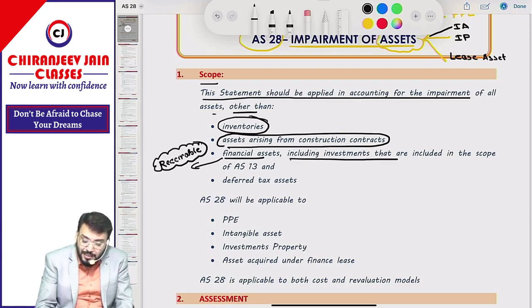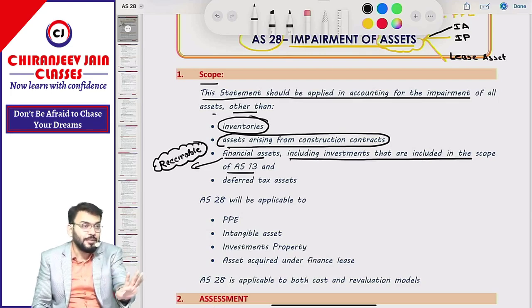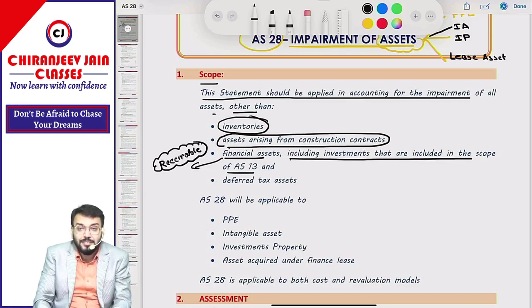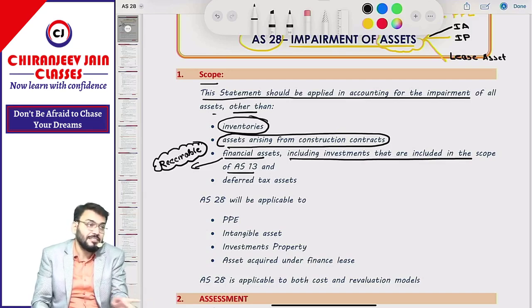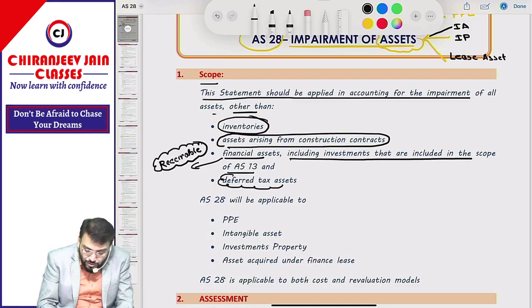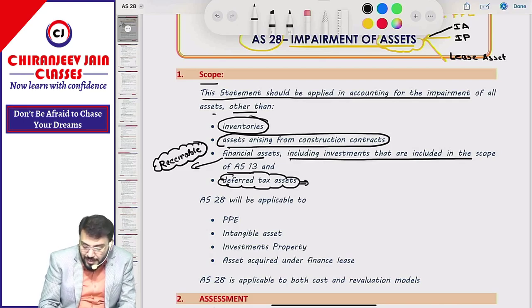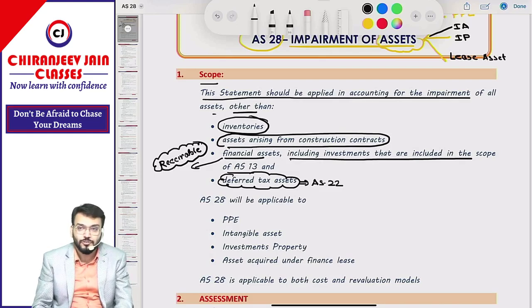Investments that are included in the scope of AS13 are also not covered, apart from investment property. Deferred tax asset, coming soon in your life, is also not covered. DTA will be done under AS22, coming soon.